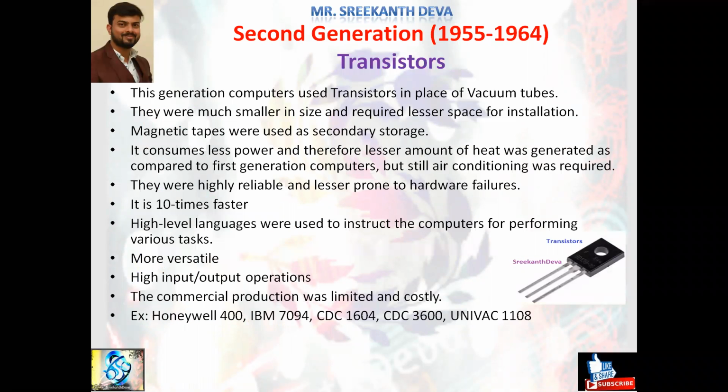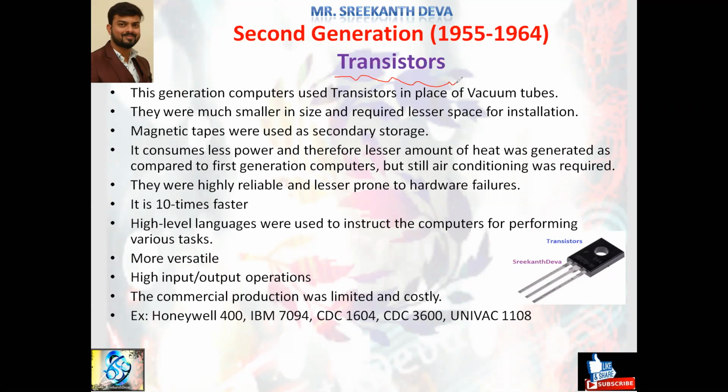Coming to the second generation computers, around the time 1955 to 1964, they introduced transistors in the place of vacuum tubes. They introduced what? Transistors. See, these generation computers used what? Transistors in place of what? Vacuum tubes. They were much smaller in size and required less space for installation compared to first generation computers.